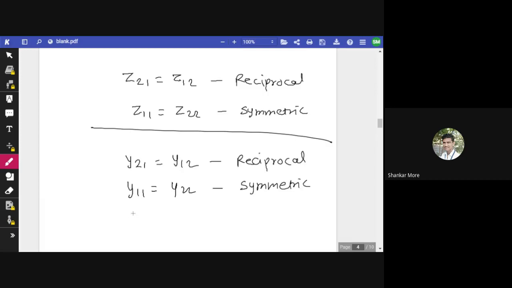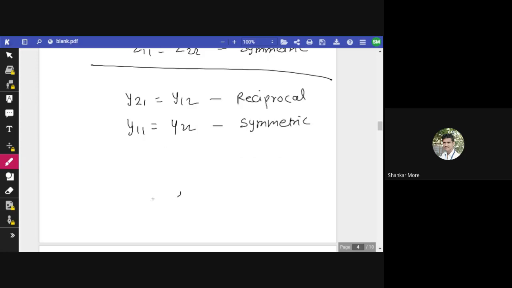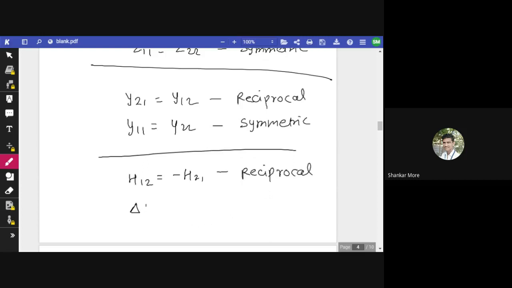For h parameters, if h12 equals minus h21, remember the sign convention, then it is called a reciprocal network. And if del h equals 1, that is called a symmetric network.